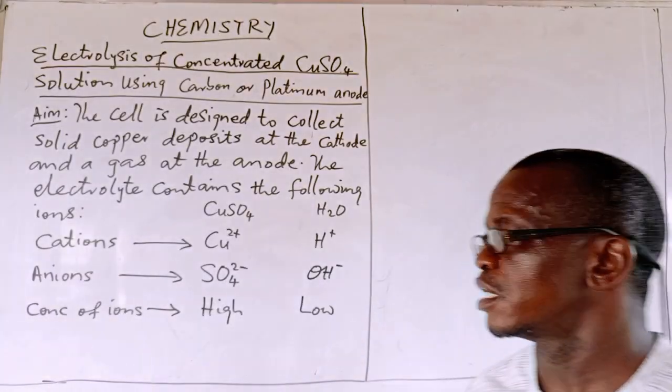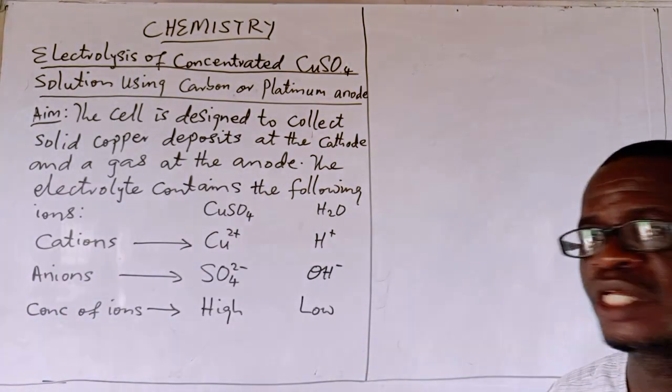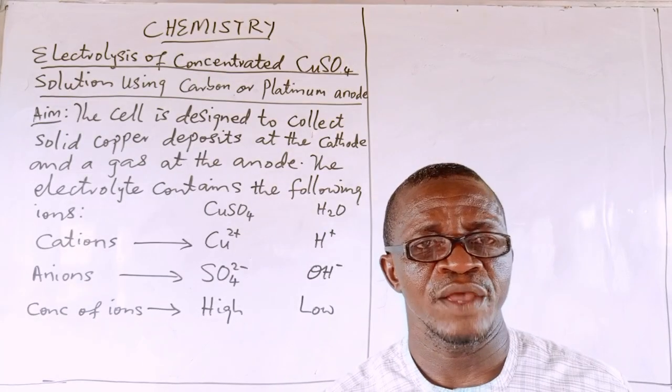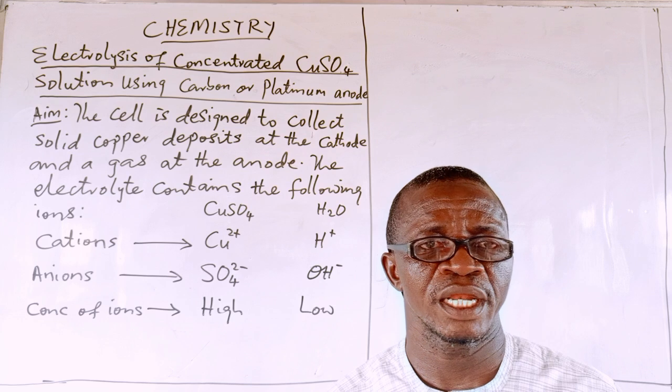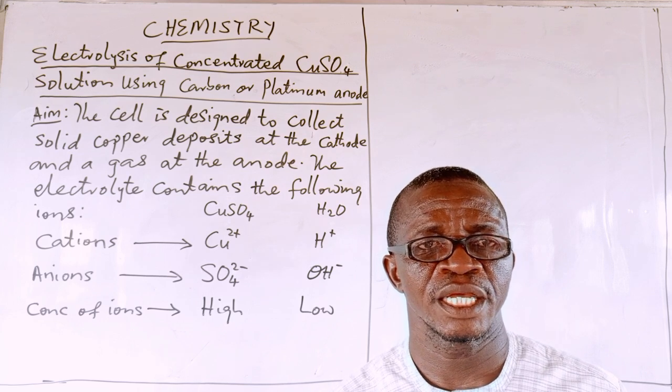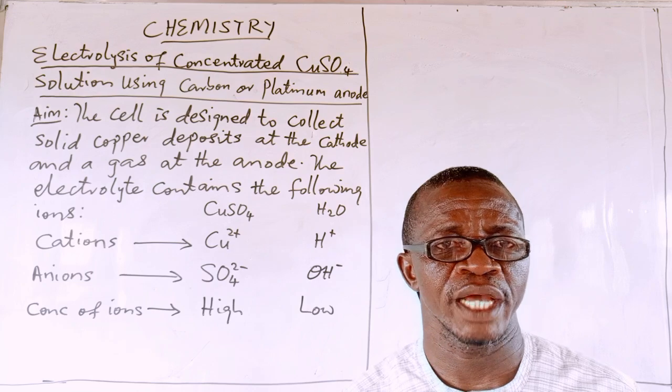Having known that, the next is the concentration of ions. You need to know whether the ion is concentrated. For you to do well in electrolysis, check the concentration of the ions in the electrolyte.